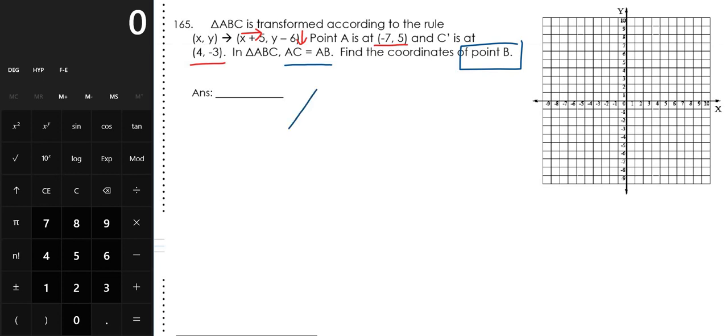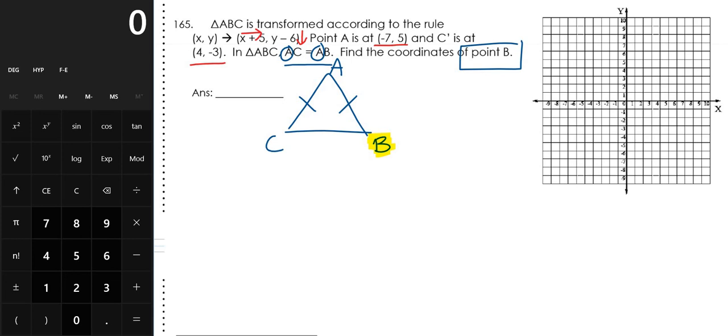And in our triangle, we have two sides congruent, AC and AB. Both sides have A in common, so that means A is at the top. C and B are the other two vertices. So my goal is to figure out where B could be so that the two sides are congruent in my shape. Okay, let's plot what we do have.